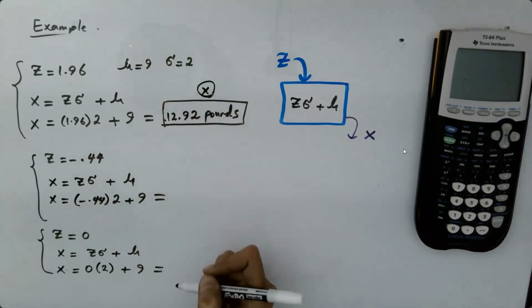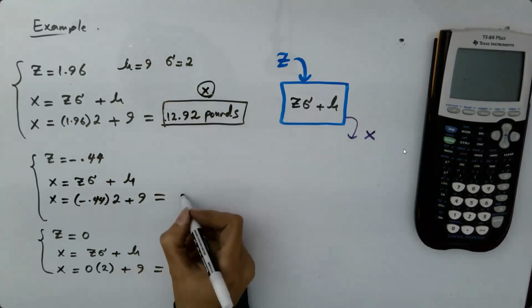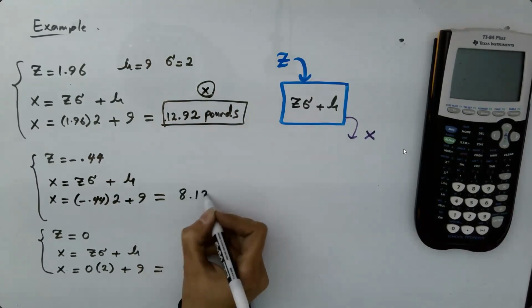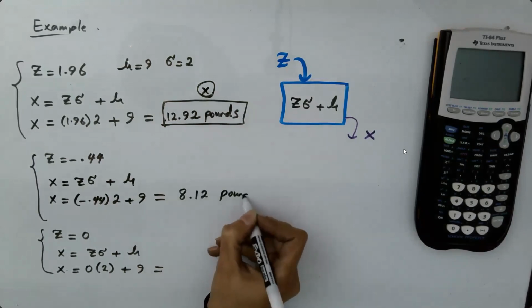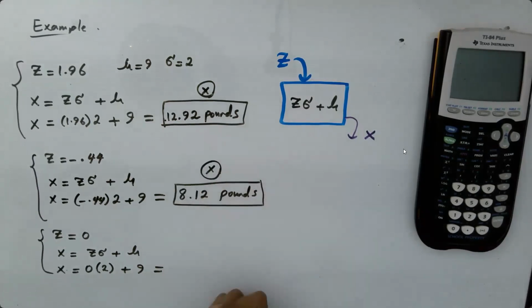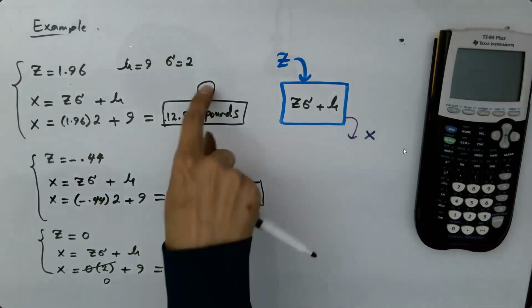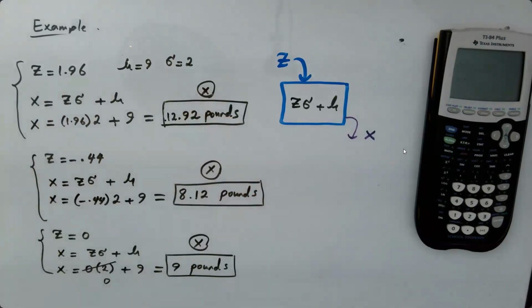The second one is associated to x equals 8.12 pounds, the weight of the second cat. And finally, the weight of the last cat is just 0, so it's going to be 9 pounds. So that's how we find the x values when the z is given to us.